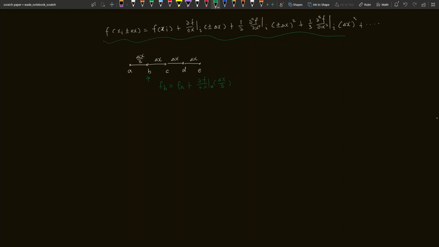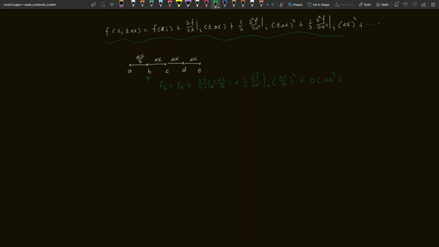The third term is plus 1/2 times the second order derivative of f at point A times delta x over 3 squared, plus the error, which is third order in delta x.